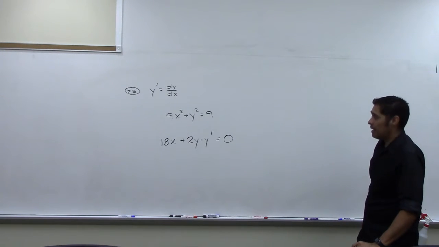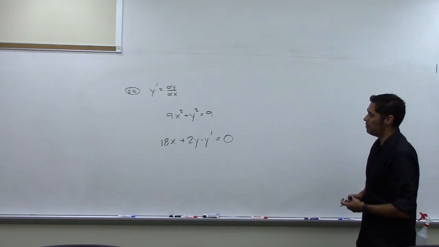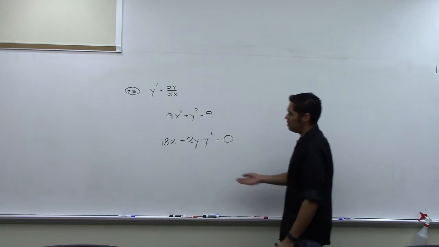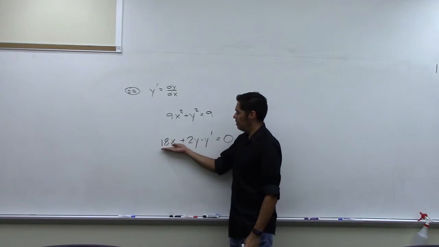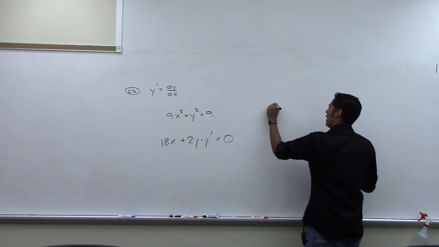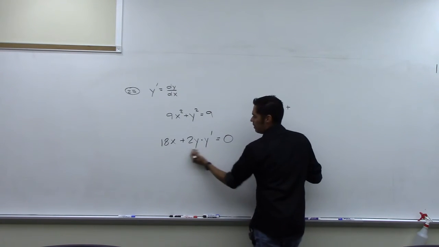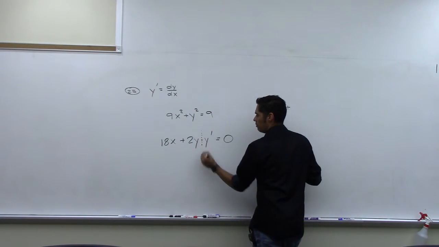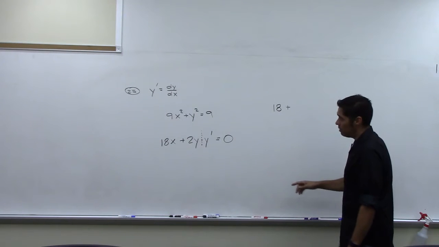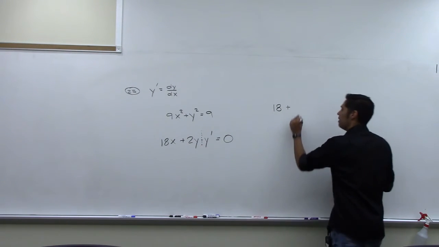Now at this point, I can solve for y prime, or I could just take the derivative again. And I think that's the way I'm going to do it. What is the derivative of this right here with respect to x? That would be 18 plus, now I'm taking the derivative of this. I have a product rule, so be real careful here. What is the derivative of 2 times y? Well, 2 is going to come along for the ride.